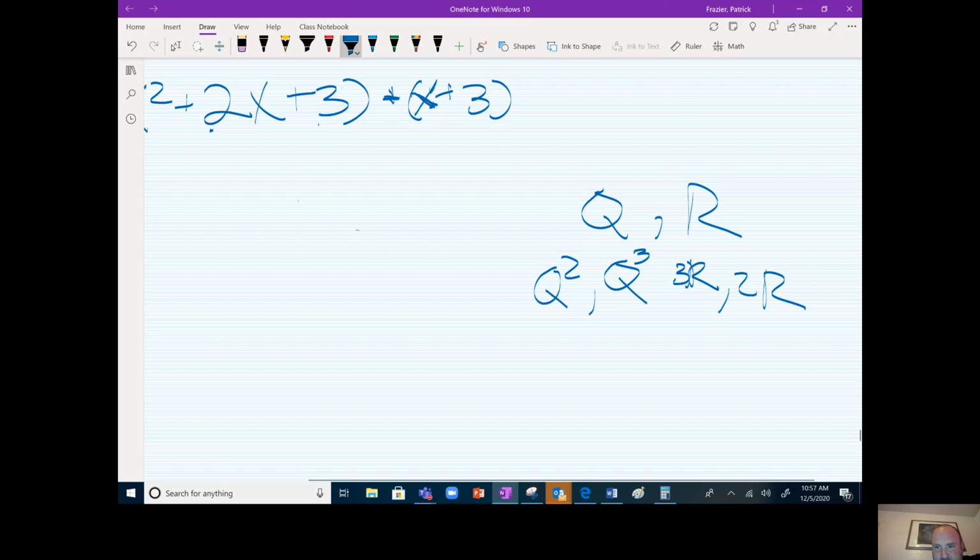In this case, even though 3 and 2 are different, that doesn't matter. The main thing is it's an r to the 1 power. R squared is not the same thing as r to the 1 power because r squared is r times r.